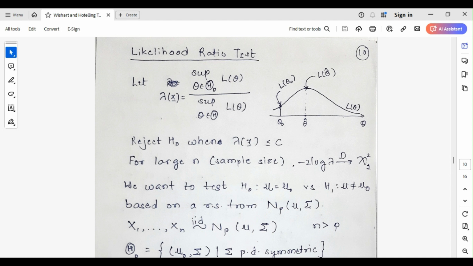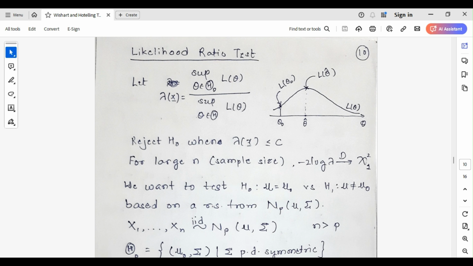So let us first see what do we mean by likelihood ratio test. So herein we have lambda x, that is the likelihood ratio test statistic. This comprises of the MLE in the denominator, but not exactly MLE, but the maximum possible value of the likelihood function over the entire parameter space.